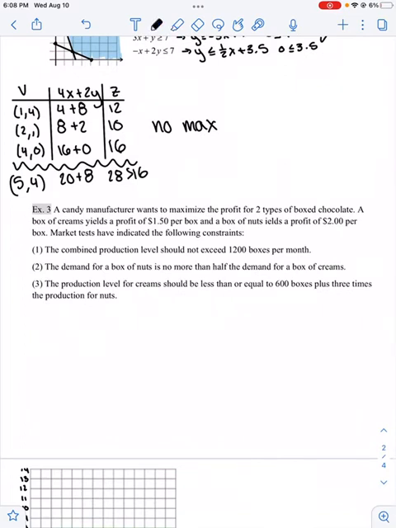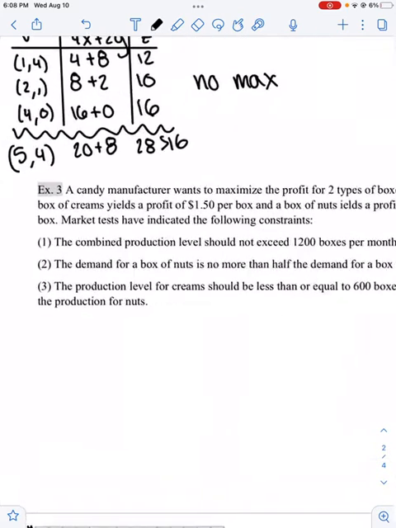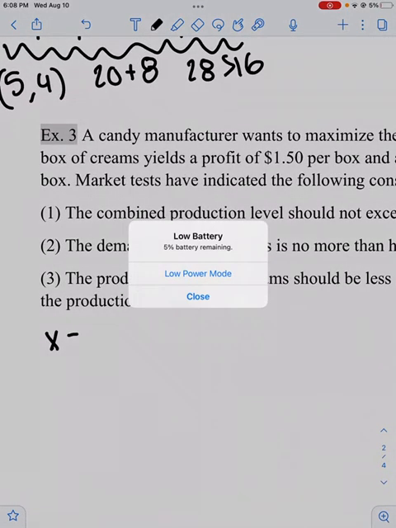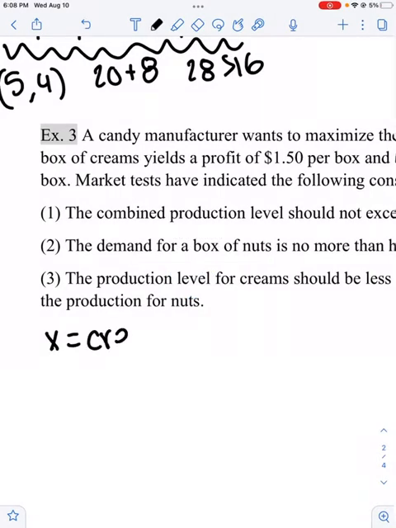The other way to see these problems is in a word problem. So here we are talking about 2 types of boxes of chocolates. There's the cream box of chocolates, so we'll call that X. And then the nuts, so we'll call that Y. The profit would be, because of the cost of them, 1.5x plus 2y.